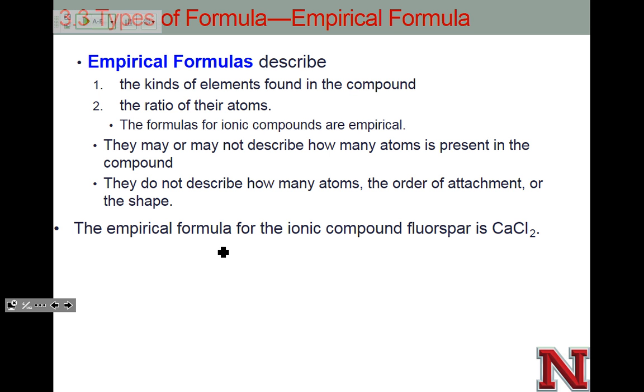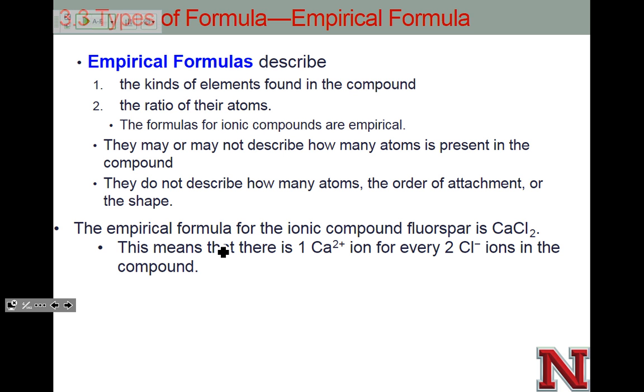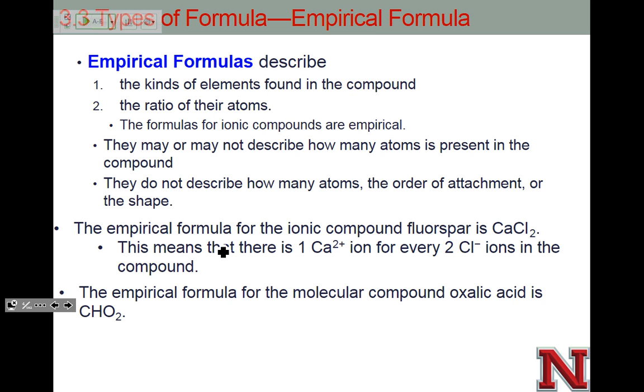But for organic molecules or covalently bonded atoms, oftentimes our empirical formula does not equal our molecular formula. There's a couple of exceptions, of course. So what this empirical formula, CaCl2, tells me, for every one calcium ion, I have 2 chlorine ions. And we'll look at that in more detail in a little bit as well, and talk about why that is.